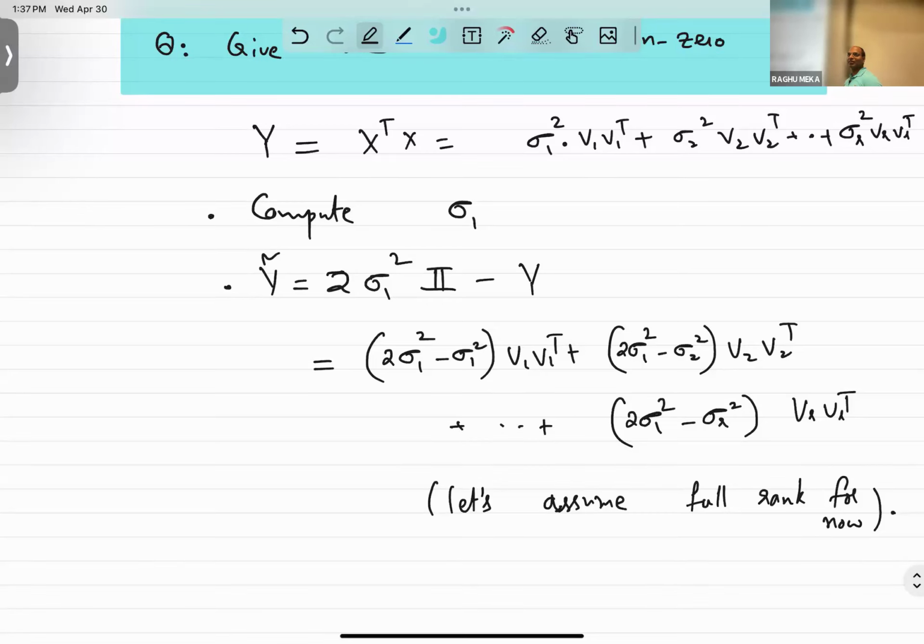But what is the top singular vector of this matrix? The last one. I effectively reversed it, right? Okay, so you can do these kinds of tricks.